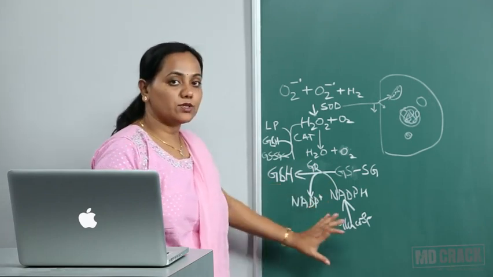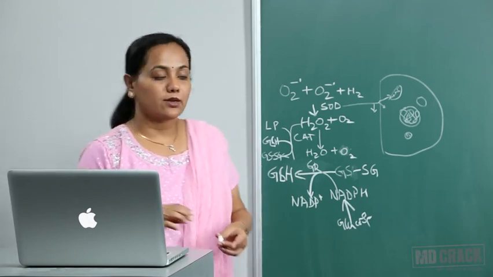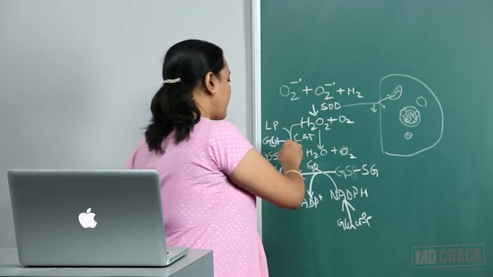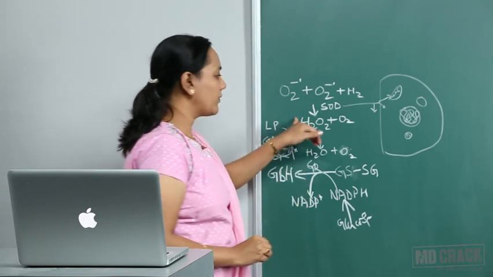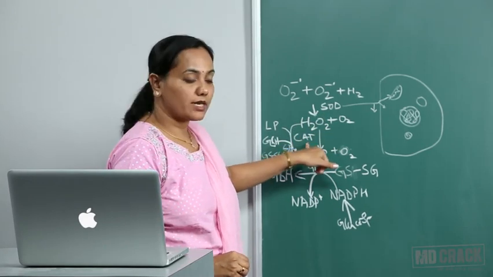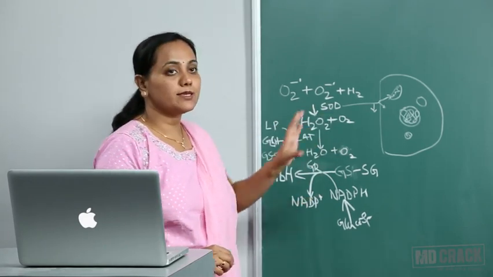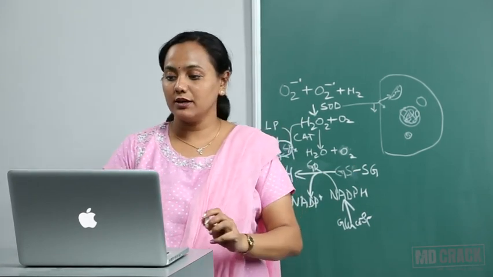This is one of the functions of NADPH. So let us go ahead: glutathione reductase is over, glutathione peroxidase, GPX, is over, which is responsible for removal of hydrogen peroxide. We have catalase, we have superoxide dismutase, and their distribution in the various tissues.